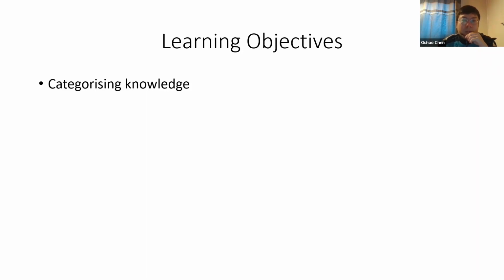And have you thought about which type of knowledge you need to teach in the classroom and which type you don't need to teach? So before introducing the expertise reversal effect, I'm going to introduce some extra theory from cognitive load theory, that is, how we are going to categorize knowledge.